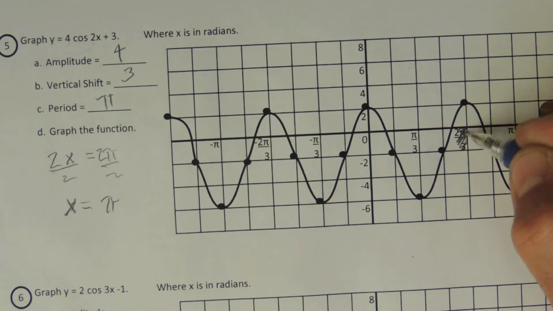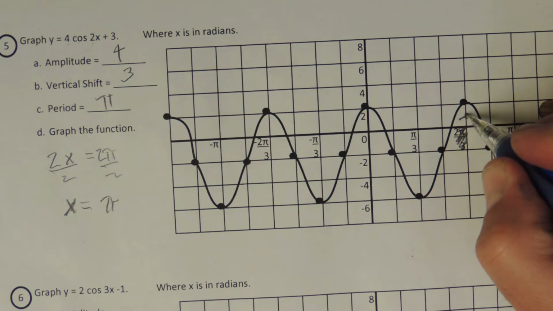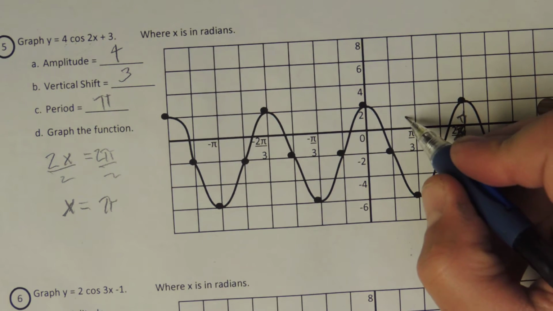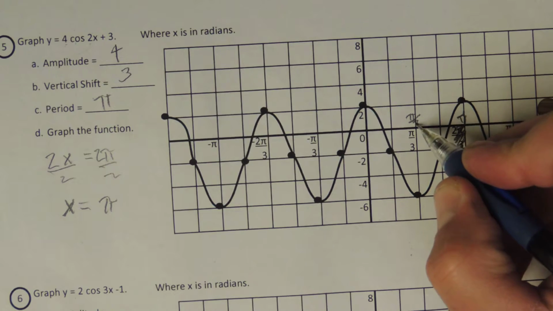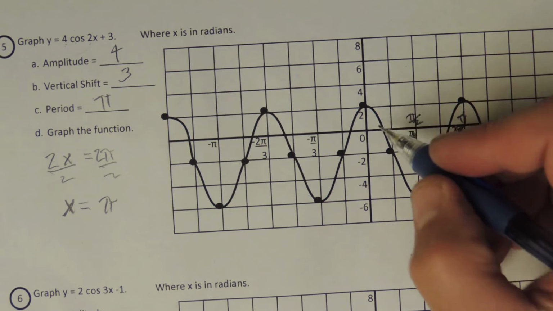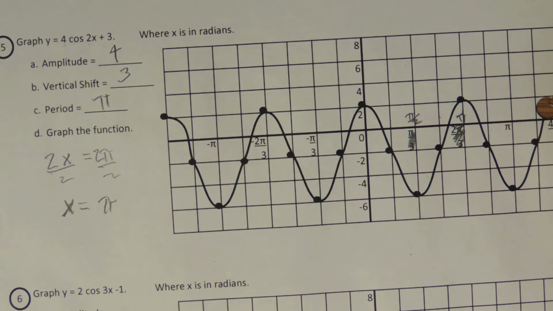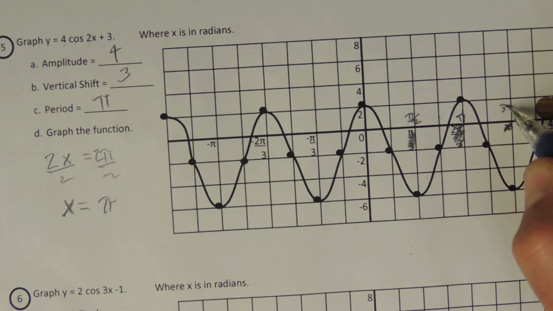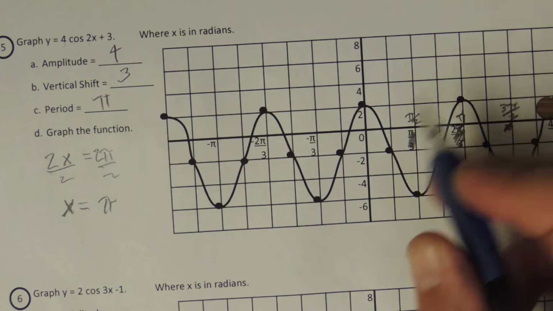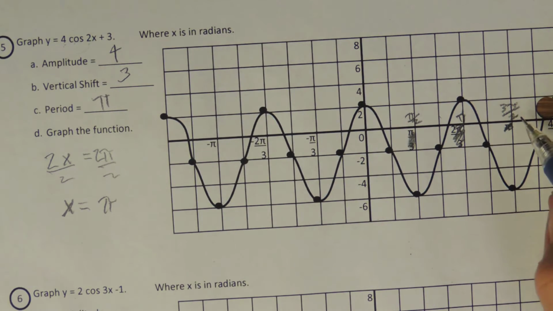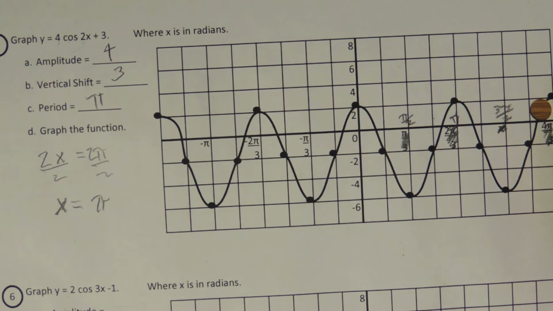So I'm going to want to go through a full cycle when I'm at pi. Pi over 2 is going to give me half a cycle, and pi over 4 will be a quarter cycle. 3 pi over 4 will be 3/4 of a cycle. So pi over 2, 2 pi over 2, 3 pi over 2, and at the end I'm going to be at 4 pi over 2.